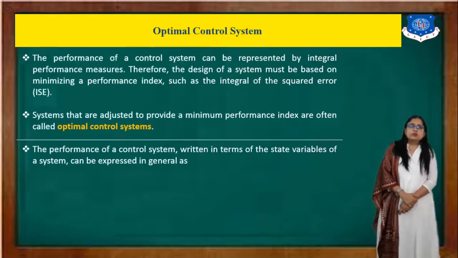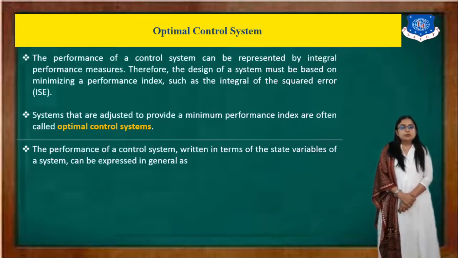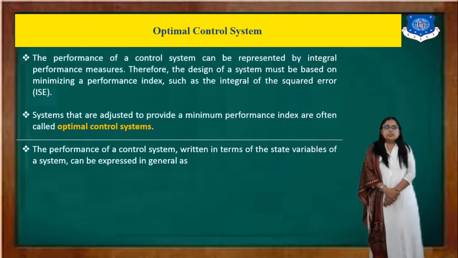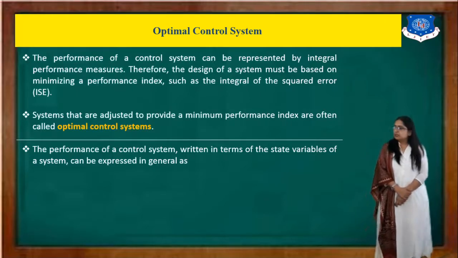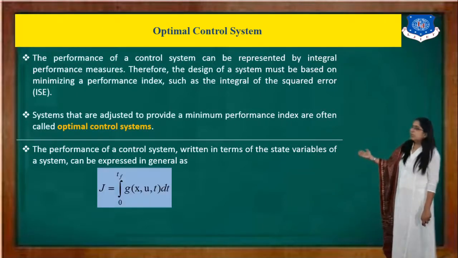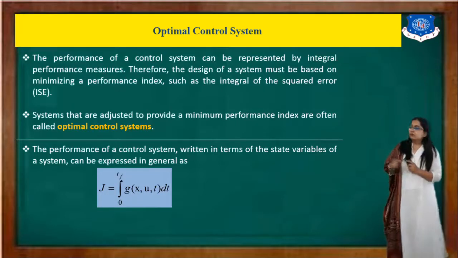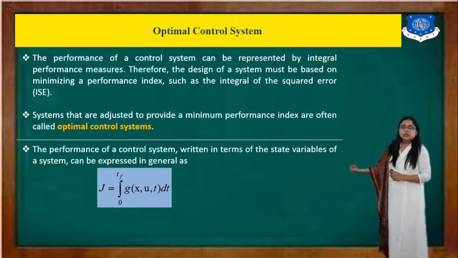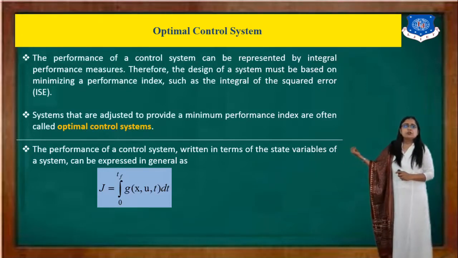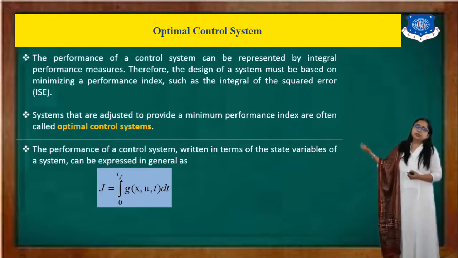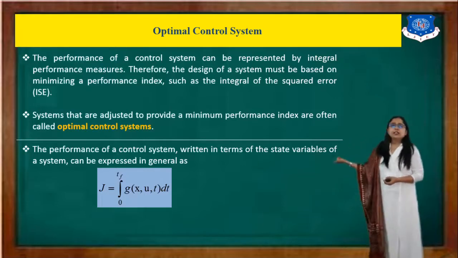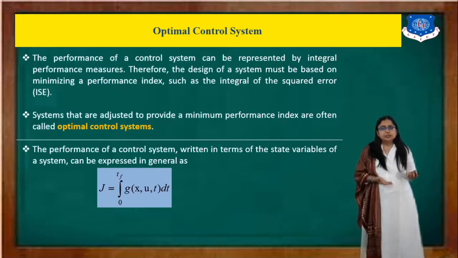Now the performance of a control system, written in terms of the state variables of the system, can be expressed generally like this. J is known as the performance index. Here you have to use the integration from 0 to Tf. Tf is your time. You can consider your final time, that is Tf equal to infinity, or you can consider some initial time.